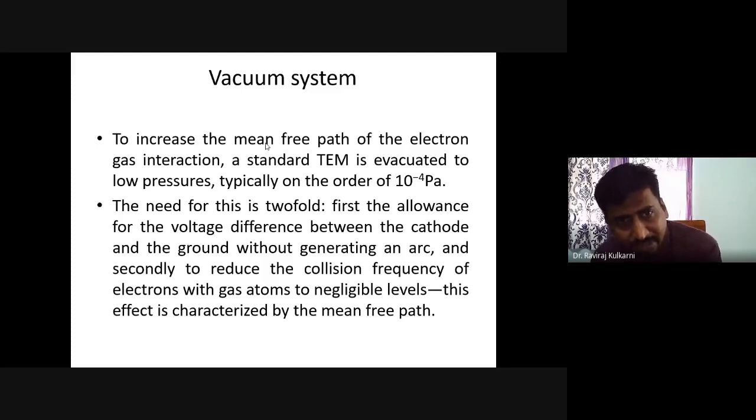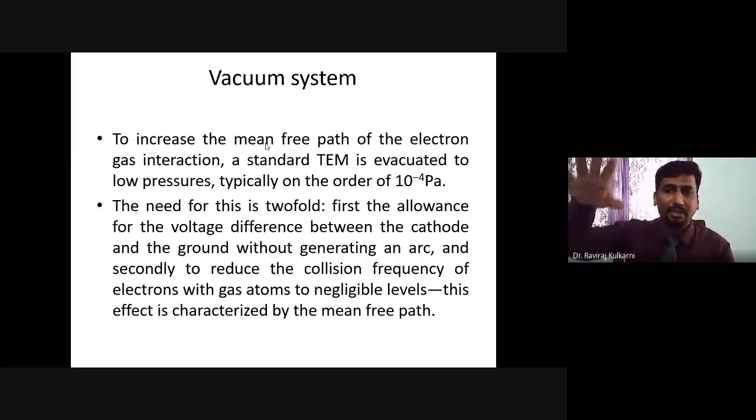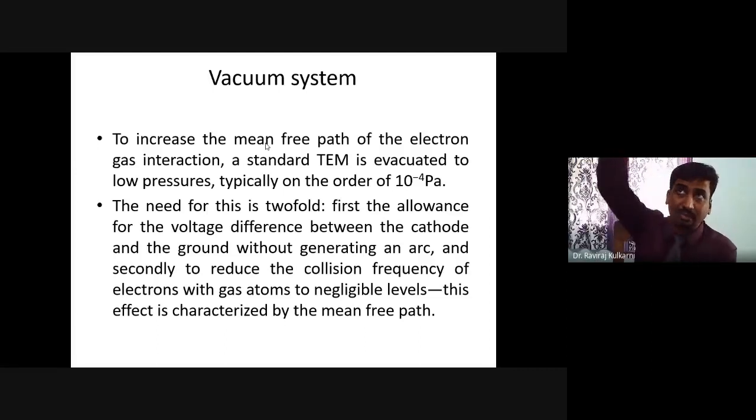The need for this is twofold. First, it allows for the voltage difference between the cathode and the ground without generating an arc. You need to apply a negative charge so that it pushes the electron, and a positive voltage on the other side so that the electron travels in this direction. The electron gun is negatively charged, and the anode is positively charged.